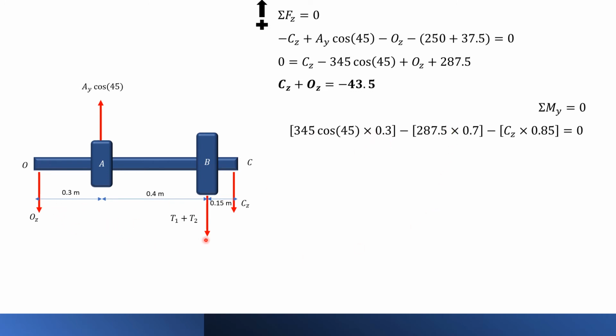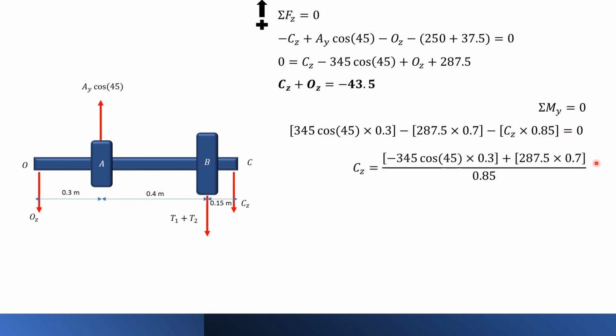And then for the summation force is multiplied by 0.3 plus 0.4, or 287.5 multiplied by 0.7. And then for Cz, it is multiplied by all of the summation of the distance, which is 0.85. And then it is equal to 0.